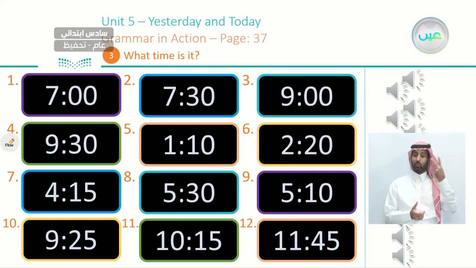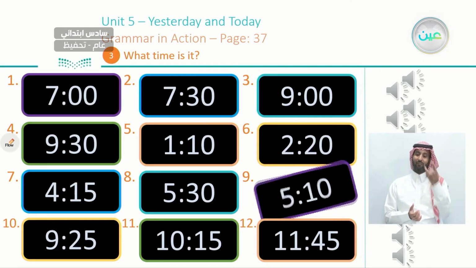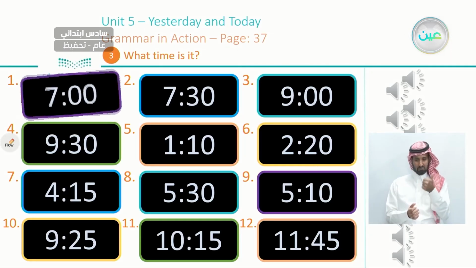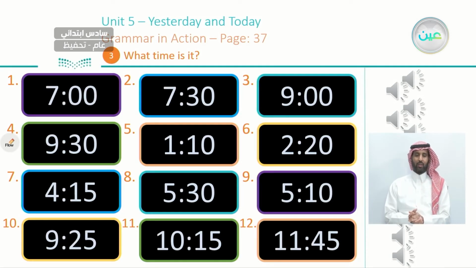And this is number 6. After that? It's 5:10. Where is it? That's right, 5:10. Number 9. It's 7 o'clock. Where is it? Yes, excellent. So this is number 1. It's 9:25.